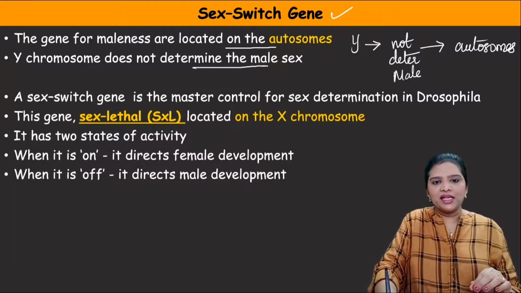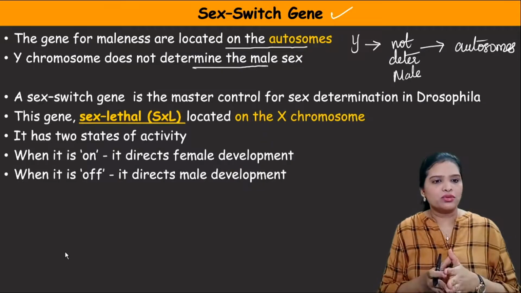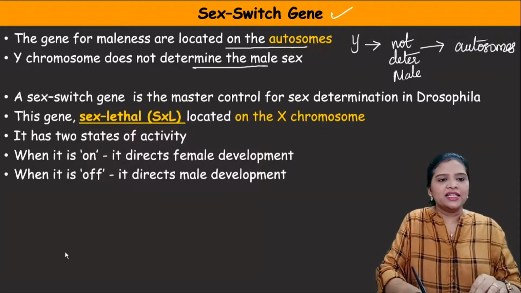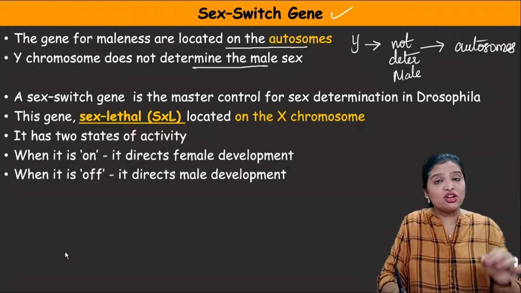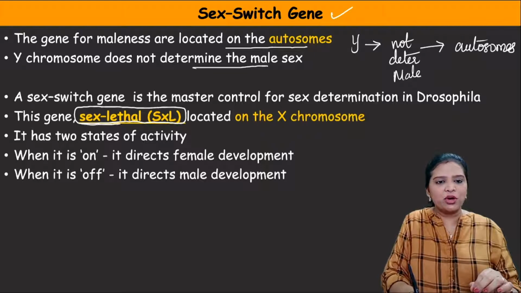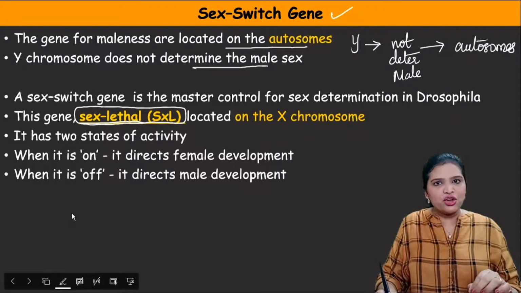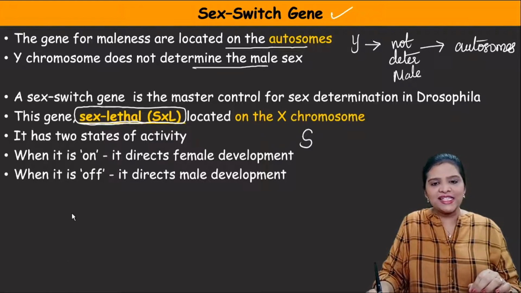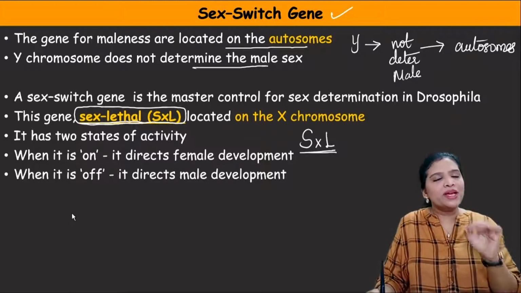The male characters are located on the autosomes. But there is a gene present on the X chromosome of Drosophila that is called the sex lethal gene. Very, very, very important. In short form, we call this SXL.